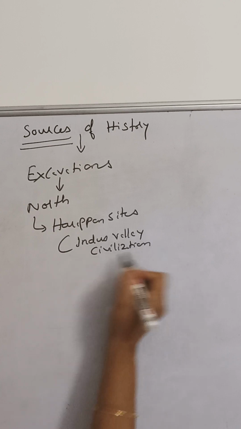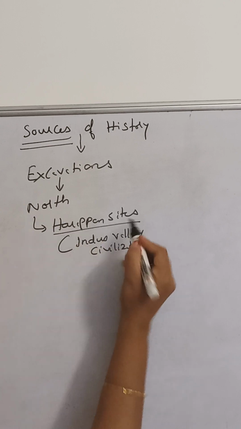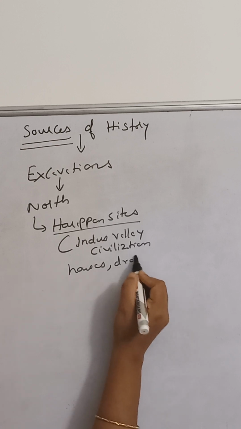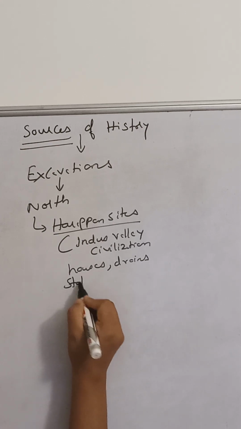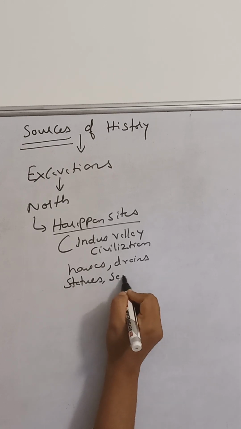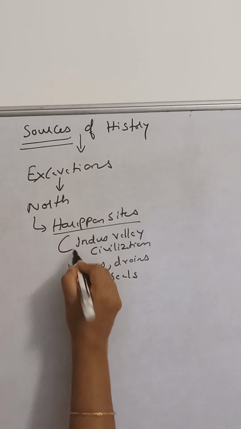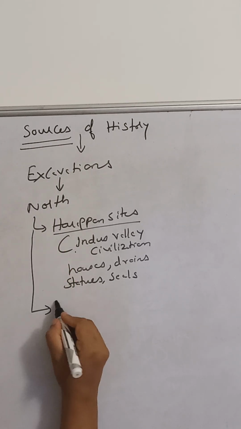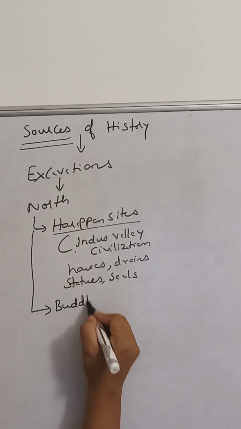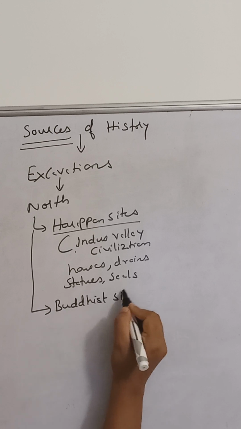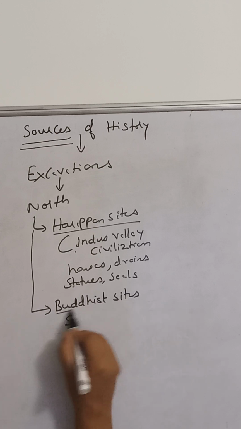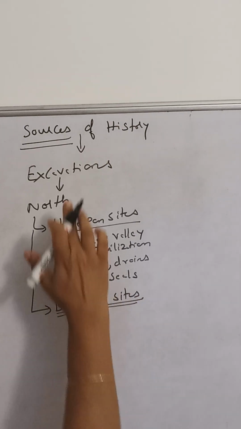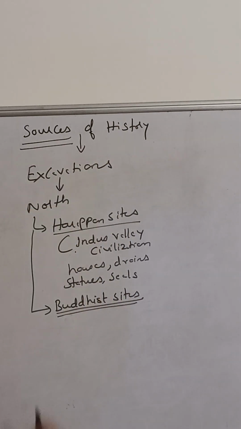When they excavated Harappan sites, they found houses, drains, statues, and seals. All this was more information about the Indus Valley civilization. They also excavated a lot of Buddhist sites, so they came to know about stupas, Buddhism, and trade through these excavations.